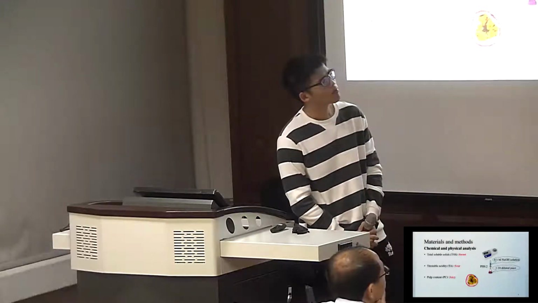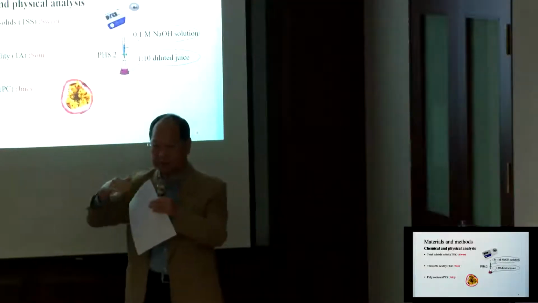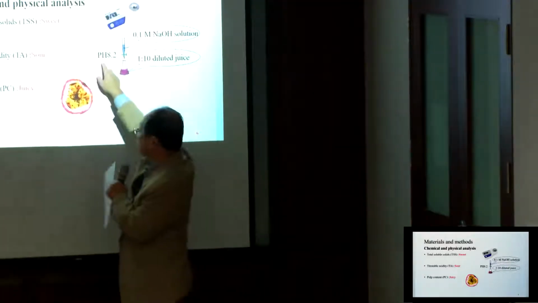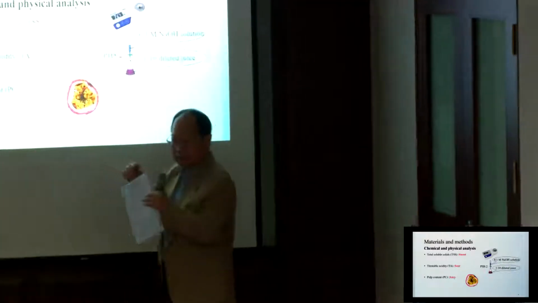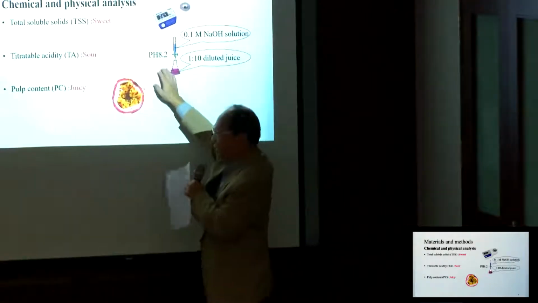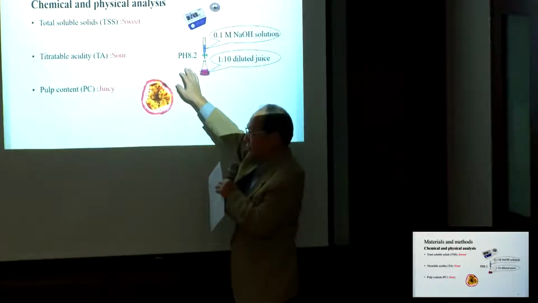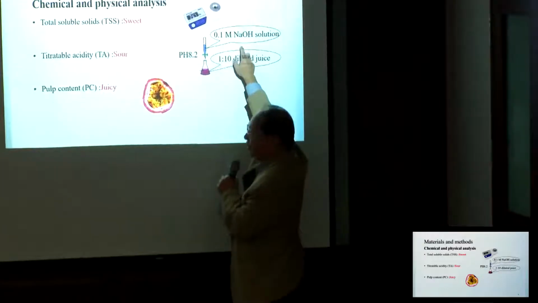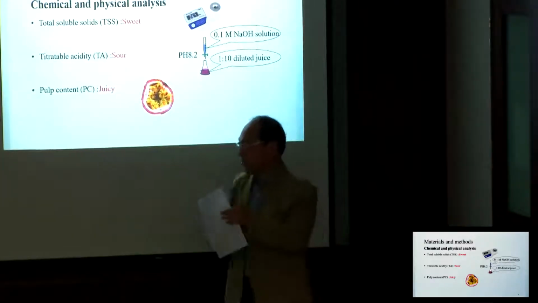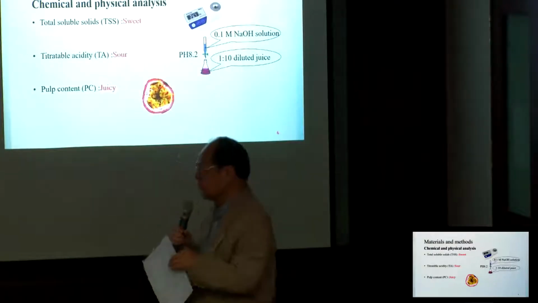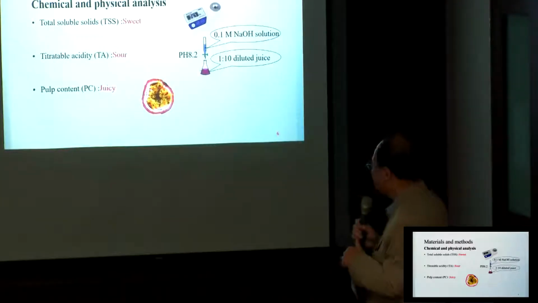One comment on the pH: the p must be lowercase, and the H is capital. And I have a question about why 8.2, not 7. You use NaOH to neutralize the solution. Why is it 8.2, not 7?